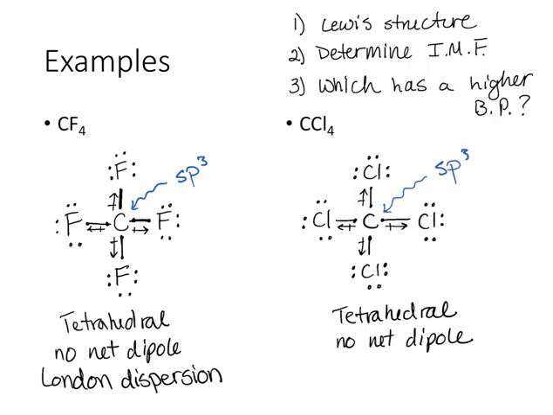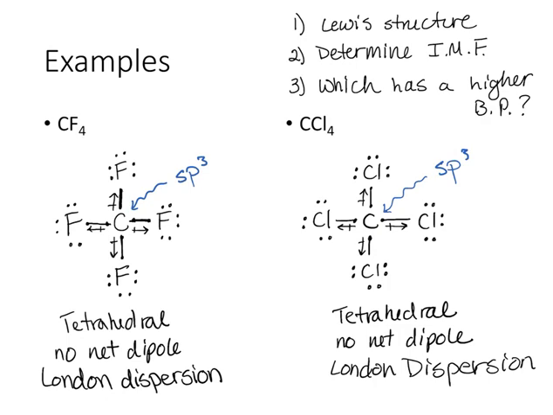What's really interesting about this molecule is that even though the individual bonds are polar, overall the molecule is not polar. So it only experiences London dispersion forces. Now what about CCl4? What type of force does that molecule experience? Also London dispersion. Again, we don't have a net dipole or any hydrogens, so this is London dispersion.